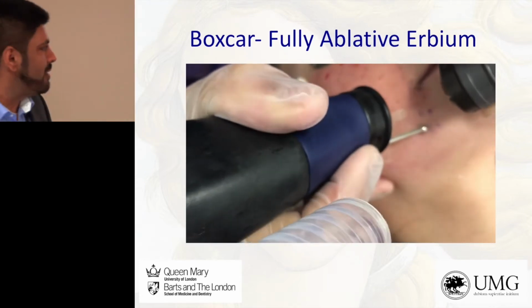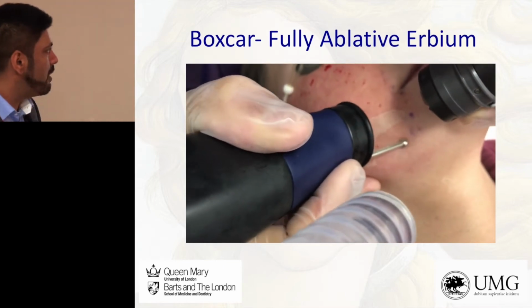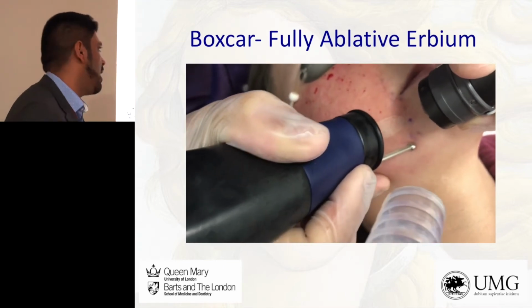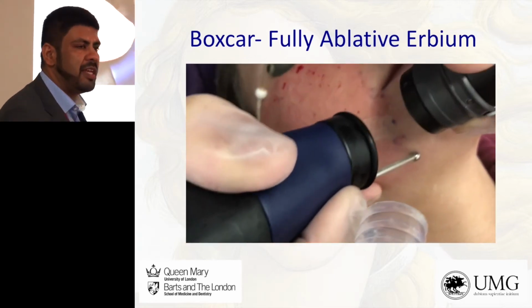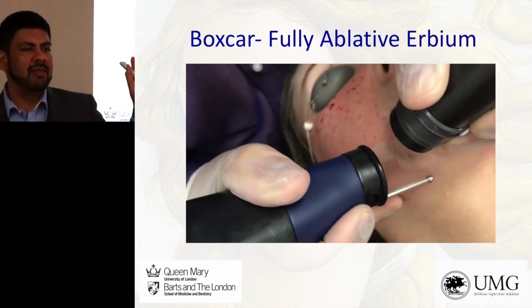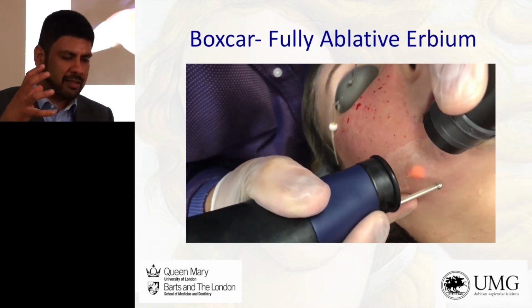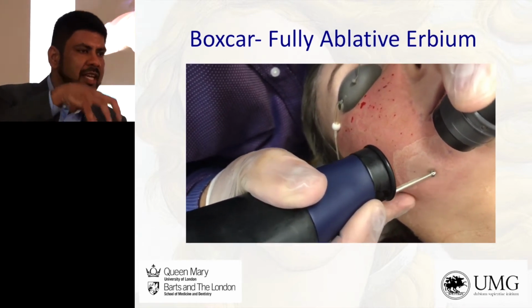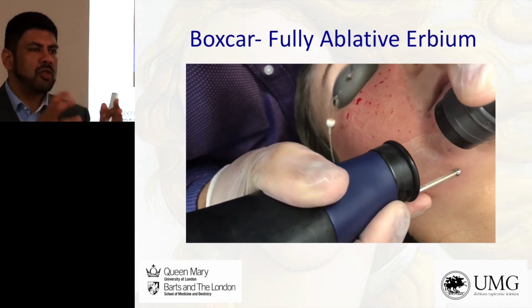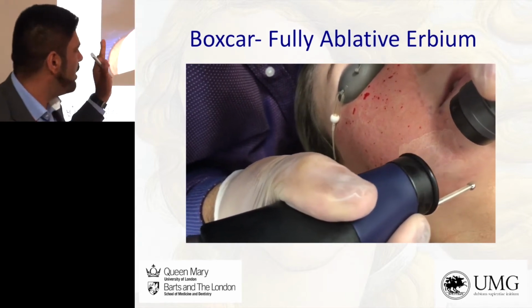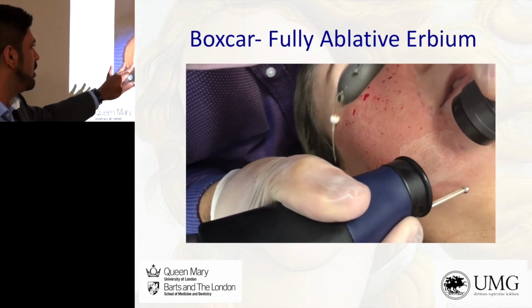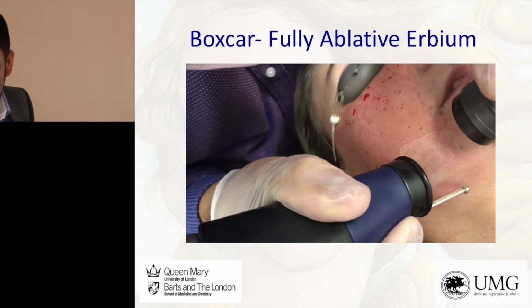So that's what I'm doing here for the management of these boxcar scars, because those are intradermal lesions. For many boxcar scars, I start with the fractional ablative to get a good thickness of skin treated with collagen remodeling, and then do the surface finishing touches with the Erbium YAG ablative.